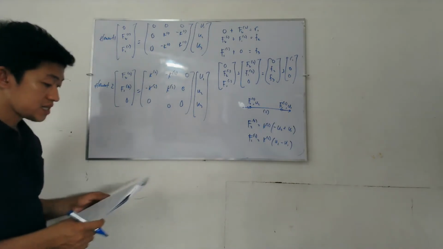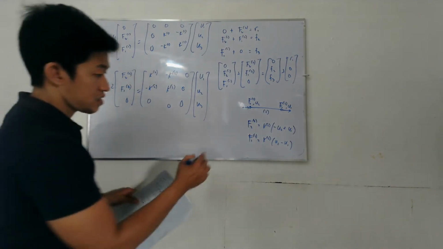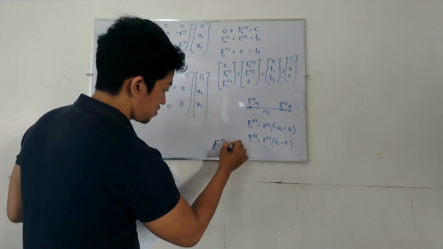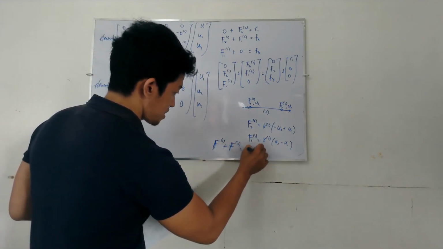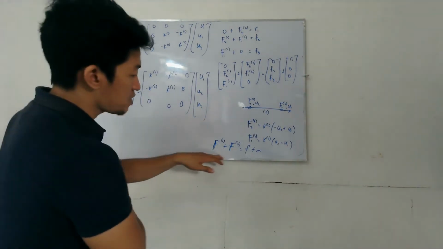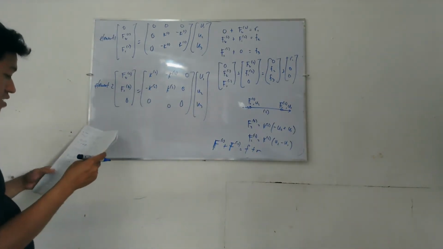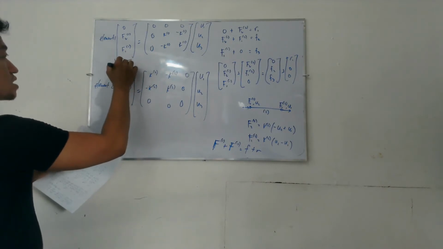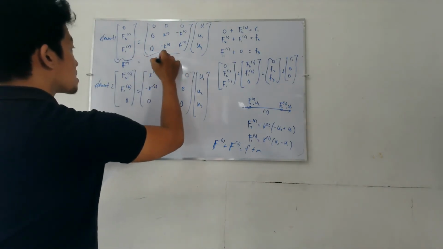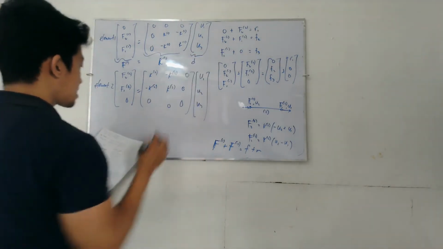Isn't the equation from earlier f of 1 plus f of 2 equals f plus r? Let us look at the values now. This is your f of 1, this is k of 1, this is d.